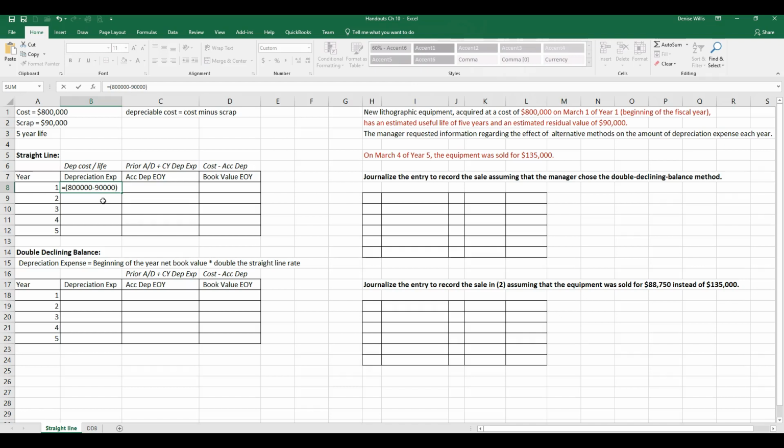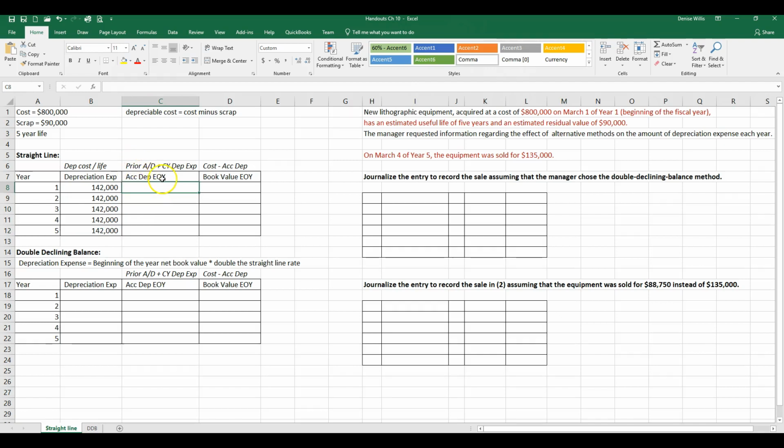Okay, that amount, which should be $710,000, divided by 5 years, because it has a 5-year life. That's it. Depreciation expense for year 1 is done. And guess what? Depreciation expense under the straight line method is going to be exactly the same every single year. Okay, unless it's a partial year, it's always going to be the same. Straight line is certainly the easiest.